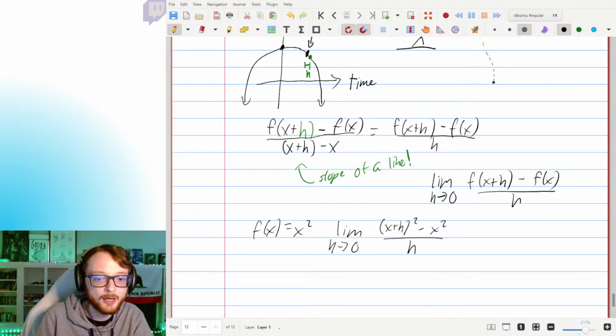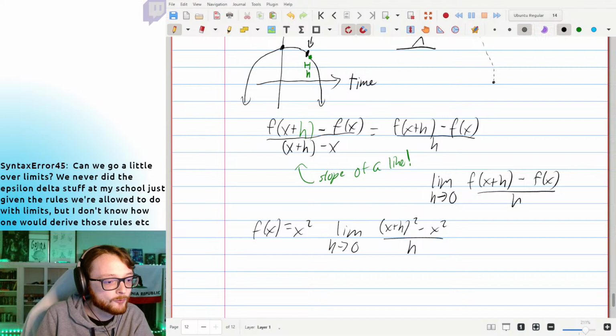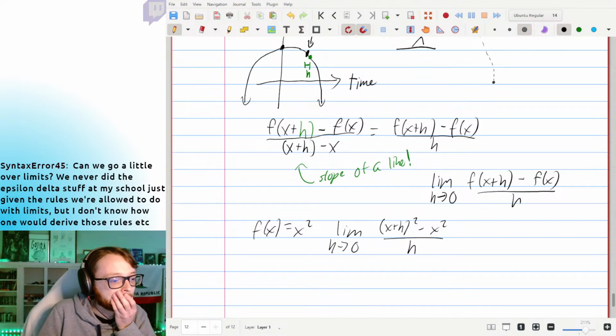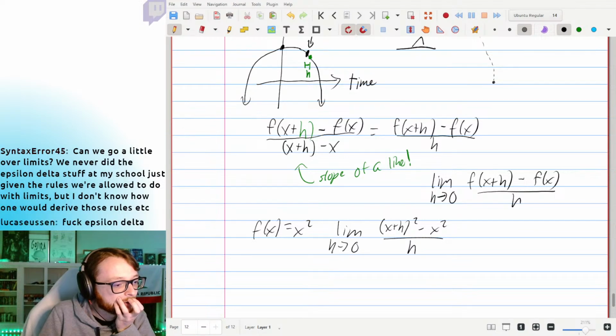And so I don't want to go into how you actually do this yet, but maybe Syntax wants to go there. Akarsh, looks like a crazy limit you have there.